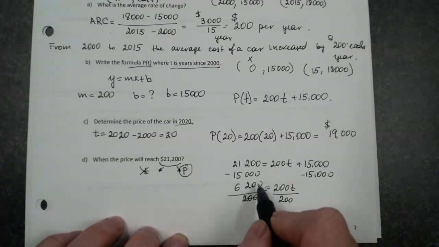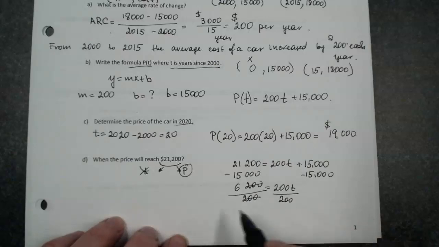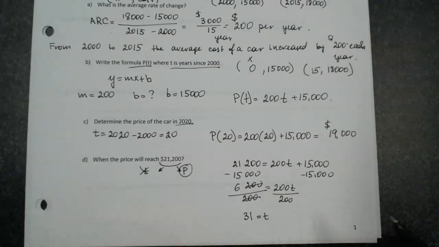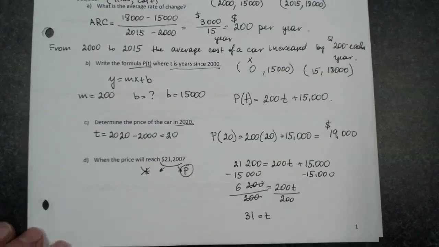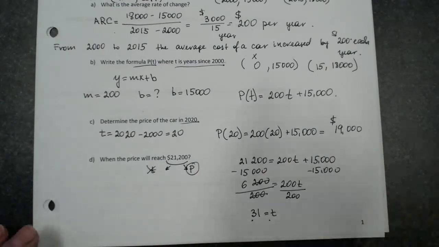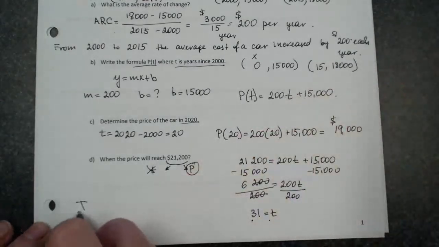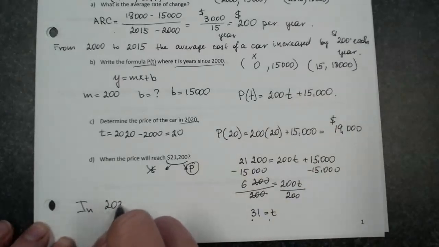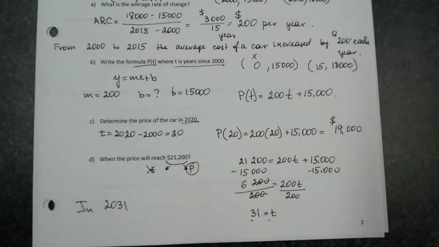And easy divide, 2 zeros and 2 zeros will cancel out. 6 divided by 2 will be 3. 2 divided by 2 will be 1. And this turned out to be an even whole number. Normally on the test, I am telling you right now, I use decimals. So 31 years after 2000, it will be in 2031.